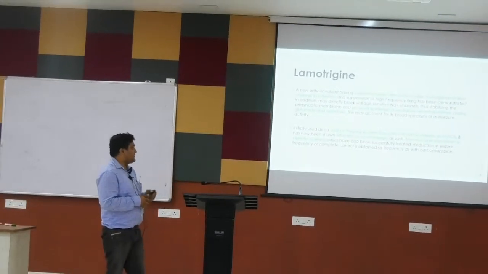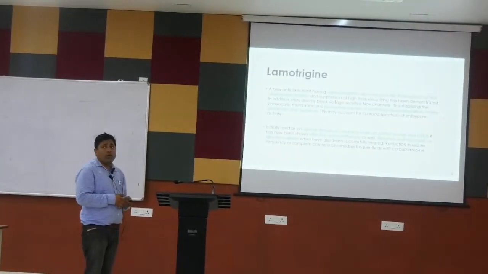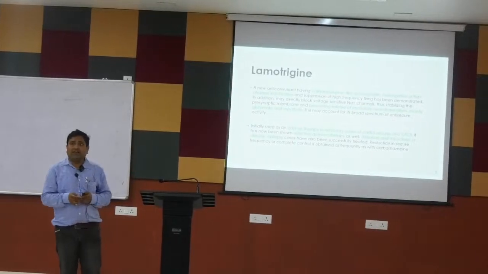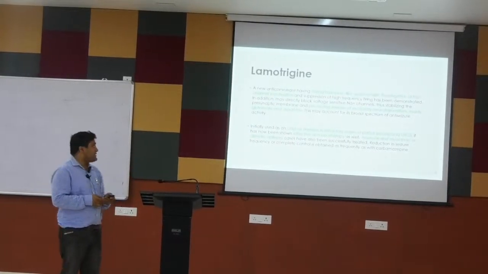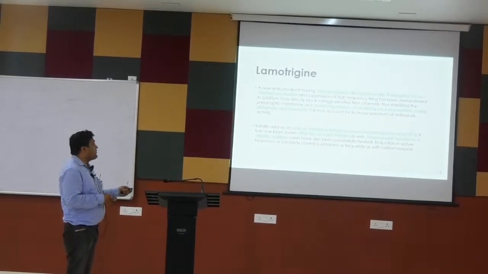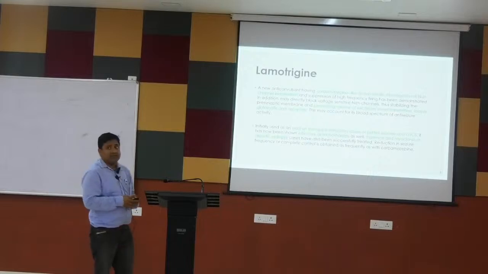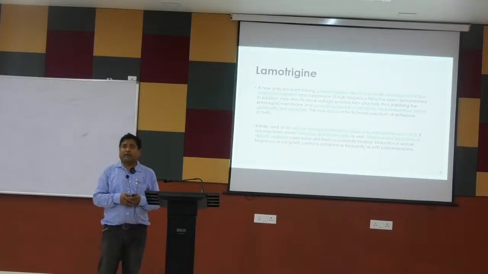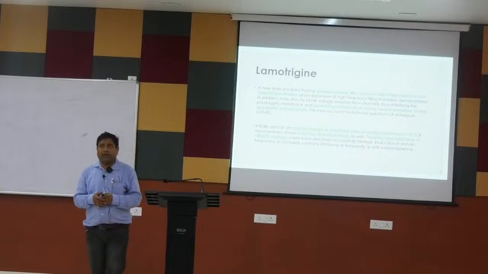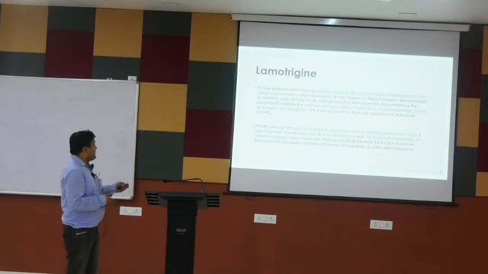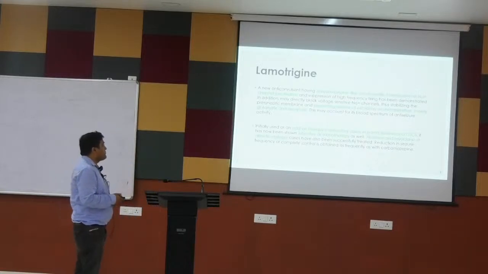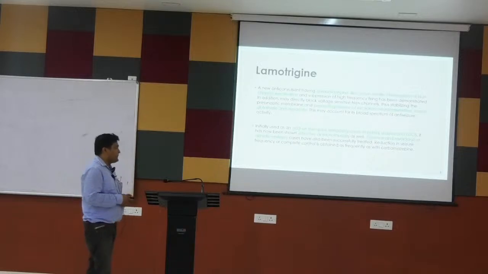Other than that, it also directly blocks the voltage sensitive sodium channel, and thus prevents the release of excitatory neurotransmitters like glutamate and aspartate, and thus decreases neuronal excitability. This may account for a broad spectrum of anti-seizure activity.